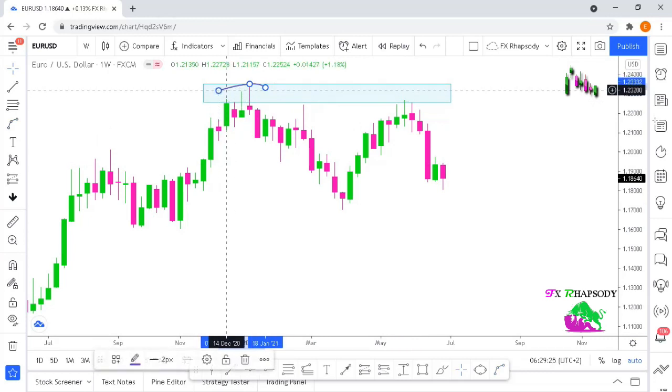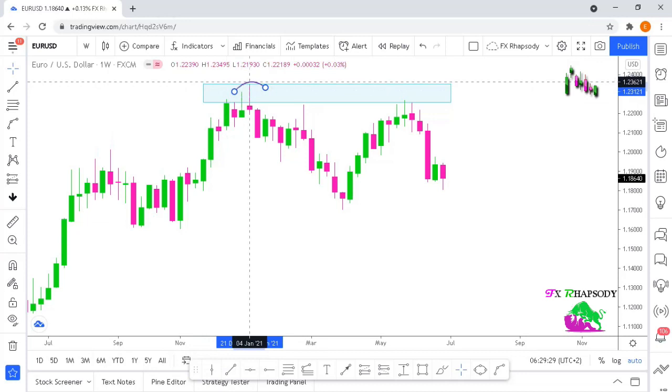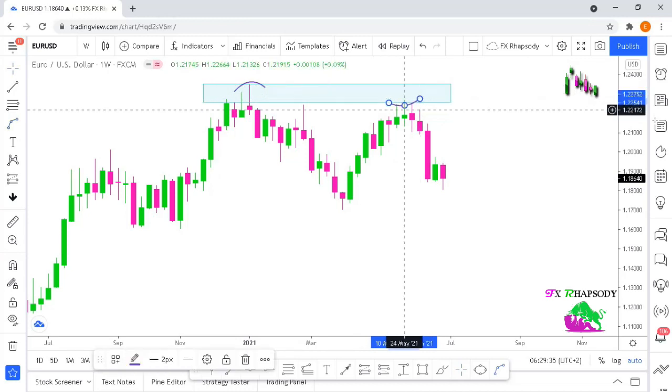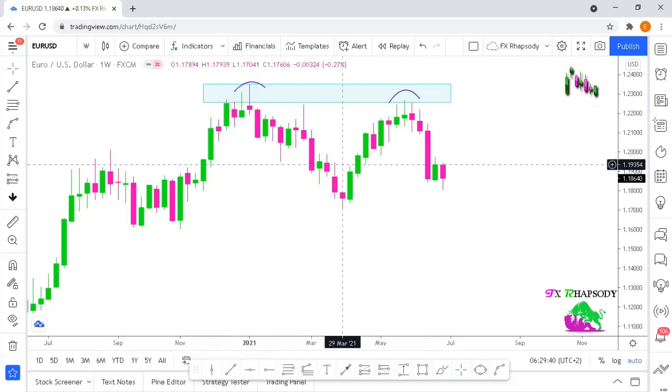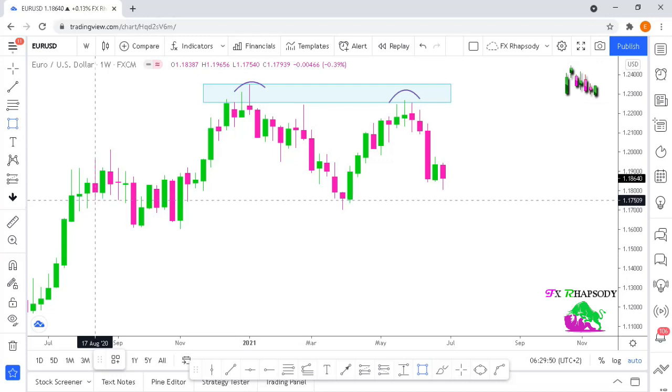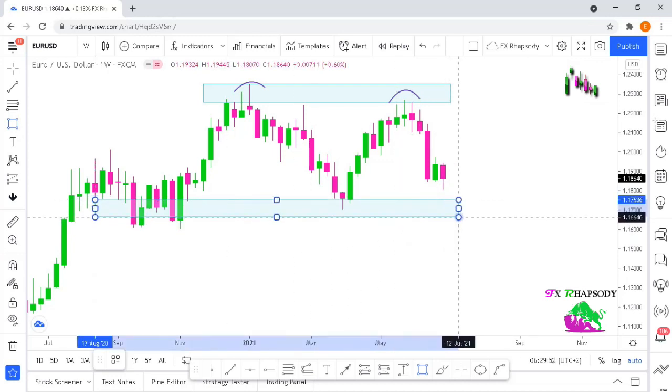That's a nice area there, and over here as well. Price came up to retest it, came up a second time to retest it, and fell to the downside. We can see this area over here that price is currently at, or going to retest. This is a nice support area.